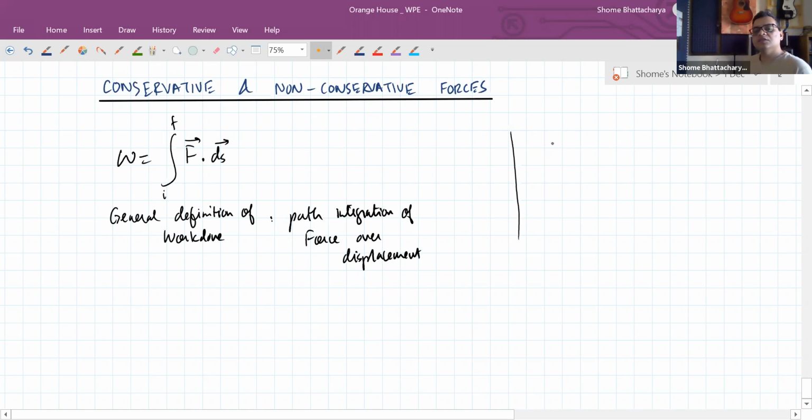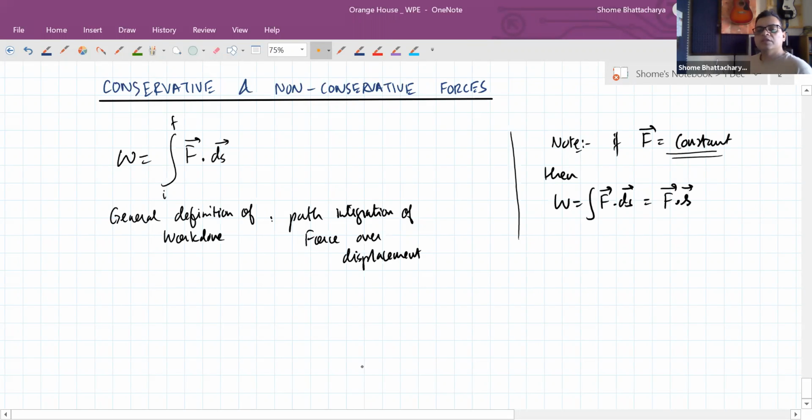Now we have also specifically seen that, of course, if the force is constant, then this work done becomes more specific. It becomes F dot S. But that's only if the force is constant. Whereas if the force is variable, then we stick to the general definition of work done.